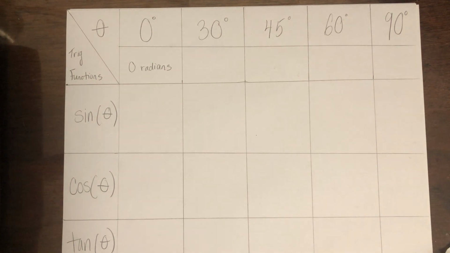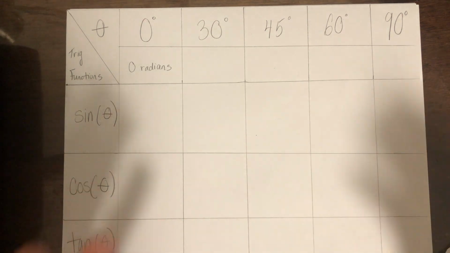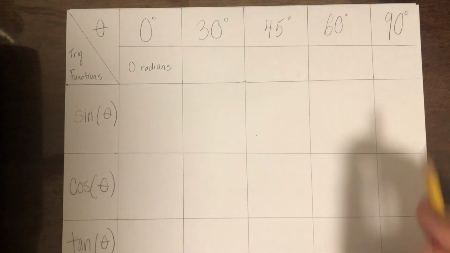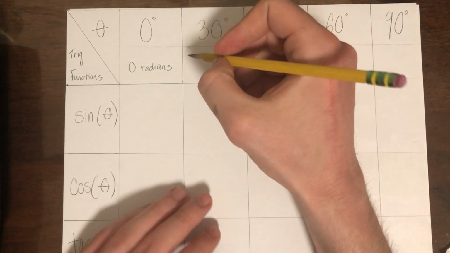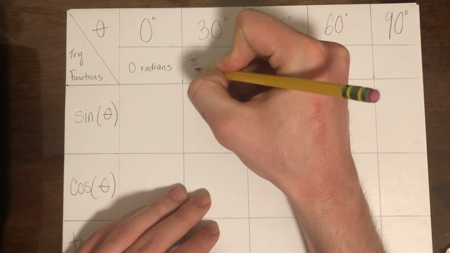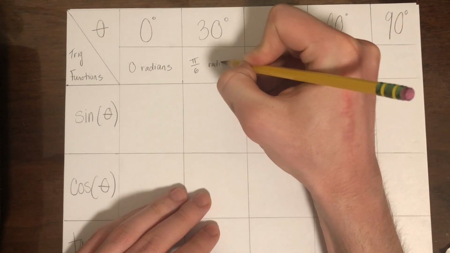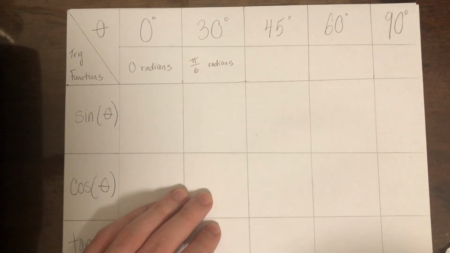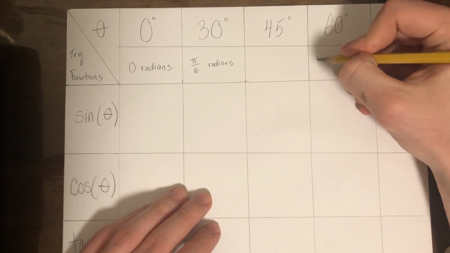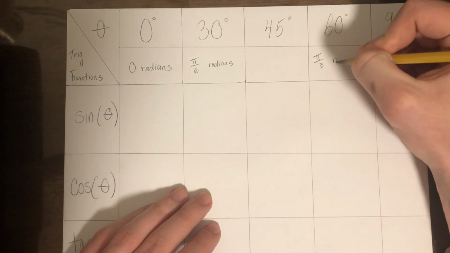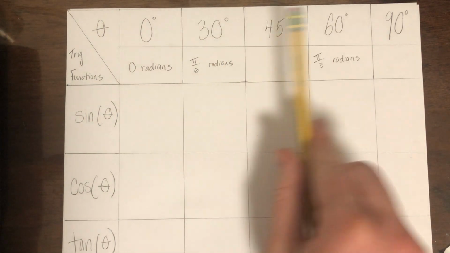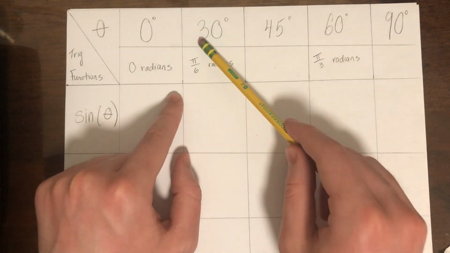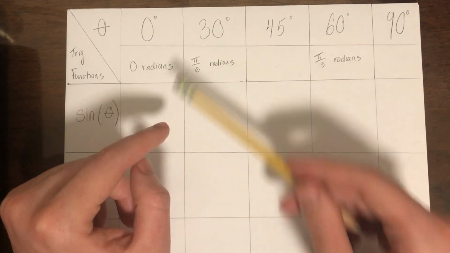So besides just being mathematically related, they also sort of have this nice little complementary characteristic where when we convert 30 degrees to radians, it's going to be pi over 6 radians. And then 60 is going to be pi over 3 radians. So that's how I try and memorize those two. 30 and 60 are complementary, so whatever's in the denominator is going to be sort of the opposite of what you see.